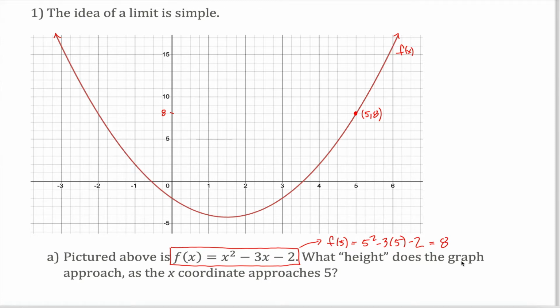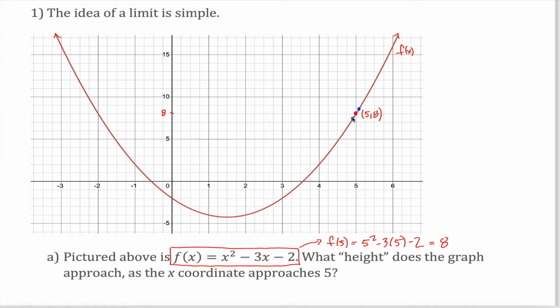For the limit, what we want to think about is x values really, really close to 5. So not exactly 5, but really, really close to 5. Maybe you're thinking of 4.9, or 5.1, or 5.01. It's hard to draw at this scale, but these blue dots are meant to be really close to this red dot in terms of their x values.